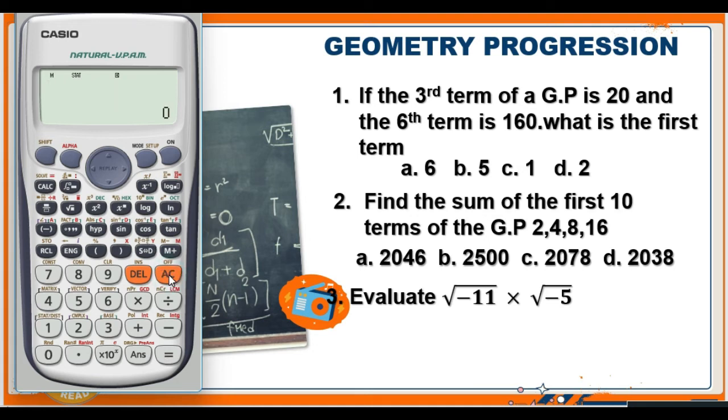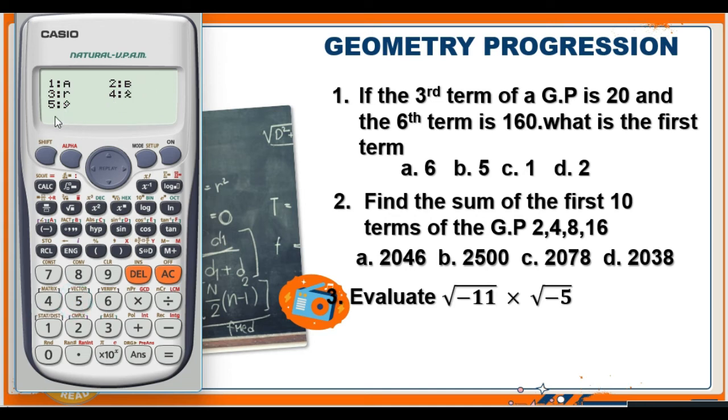Okay, now I'm looking for the sum, so shift then the sum symbol. Now I'm looking for the sum from the first digit to the 10th digit, so I put X there, and X stands for any of them.